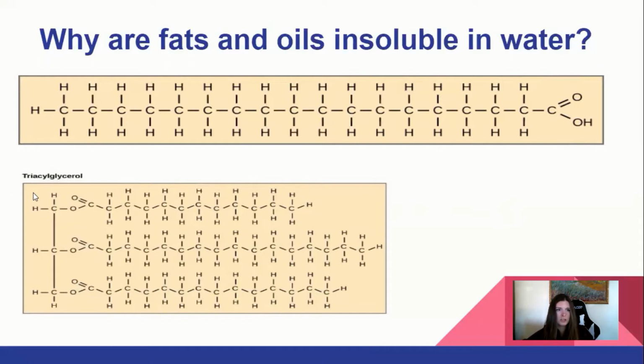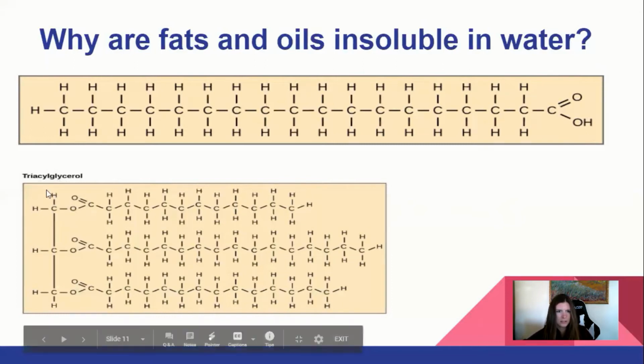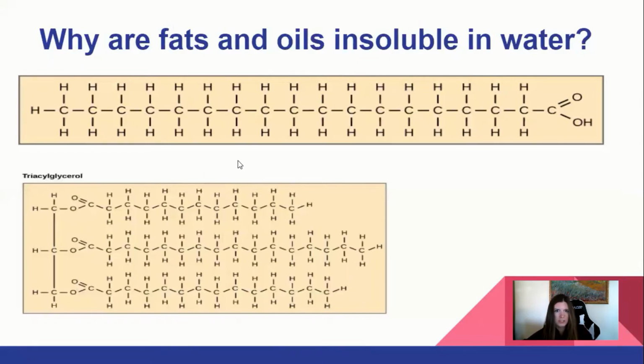And then when we create this triacylglycerol or this triglyceride, we bond that onto glycerol, and now it's actually going to be hidden behind these carbon-hydrogen bonds on that glycerol backbone. So when water comes up, those slight charges on oxygen and hydrogen come up to these carbon-hydrogen bonds. These are nonpolar. There's no charge anywhere on these bonds. And so that's going to repel the water. There's nothing there to interact with those little charges on the water.